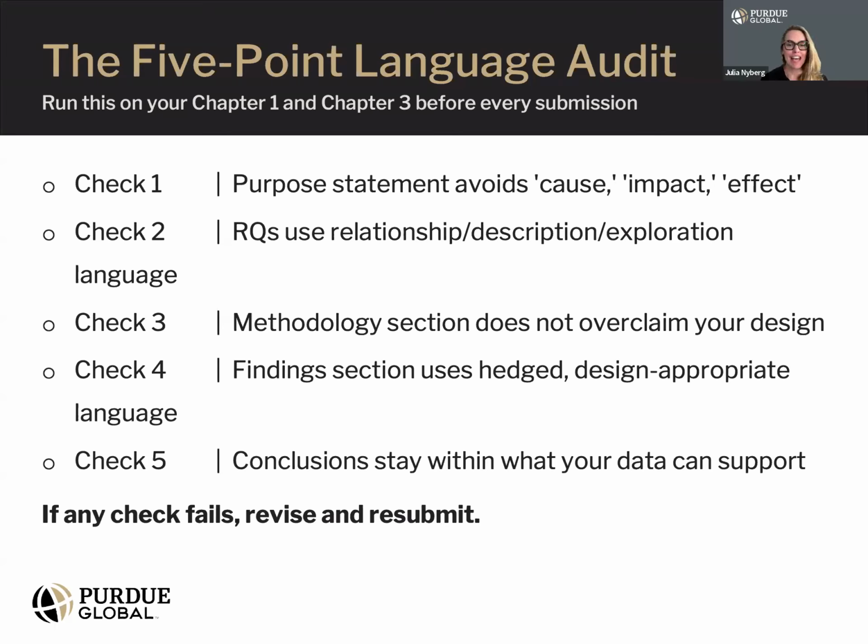If you fail any of these checks, fix before you submit. Even if you're writing chapter 5 in ED 840, go back and revise chapter 1 if you need to. This is your quality gate. Use this 5-point language audit every time you are submitting a chapter.